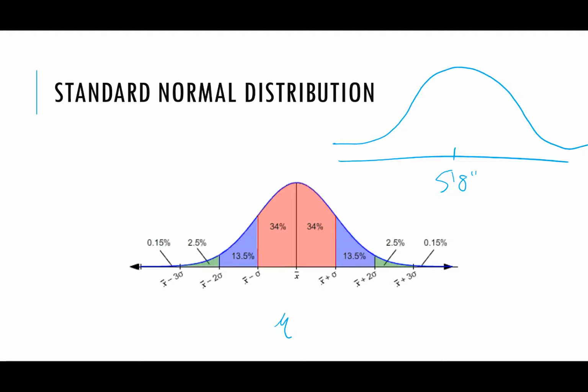Let's say, and I'll explain standard deviation later, that one standard deviation was 2 inches. Then one standard deviation up is 5'10", and one down is 5'6".